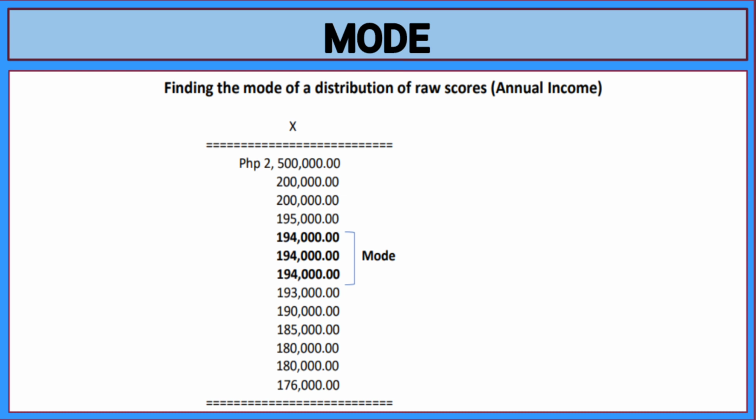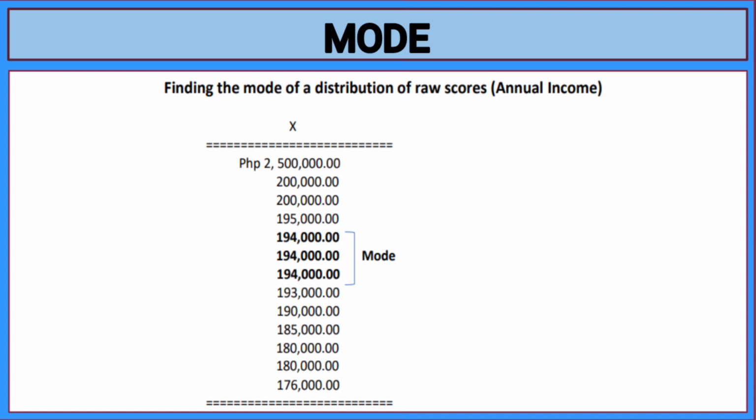Okay? It is the frequently occurring score. Just take a look, what is the dominant constant? And as you can see here, the dominant constant is 194,000 pesos because it has been presented 3 times, or thrice, right? So this is our mode, 194,000 pesos.